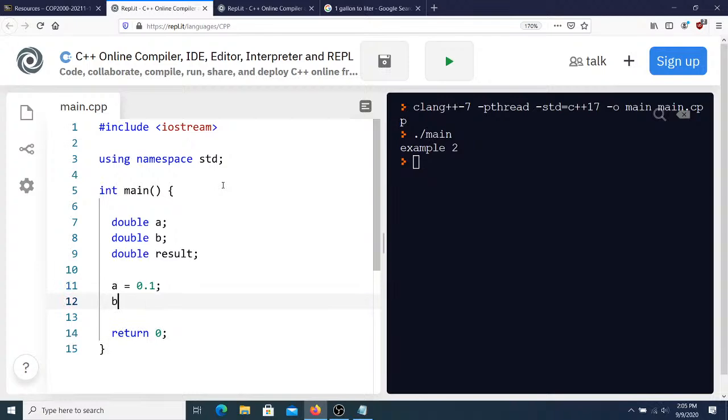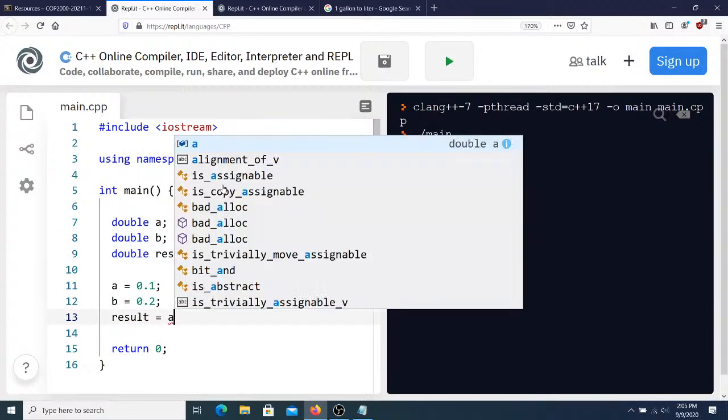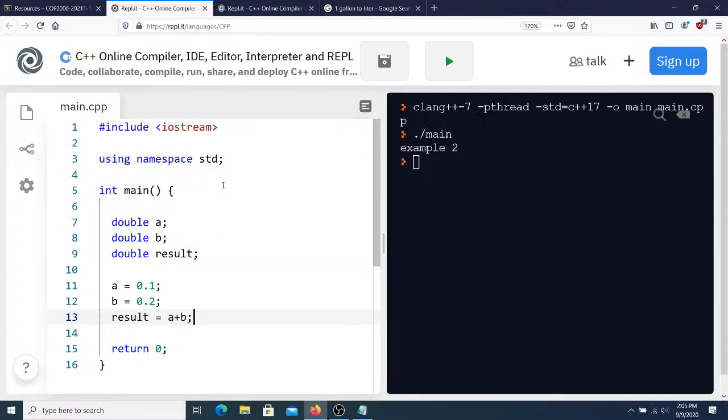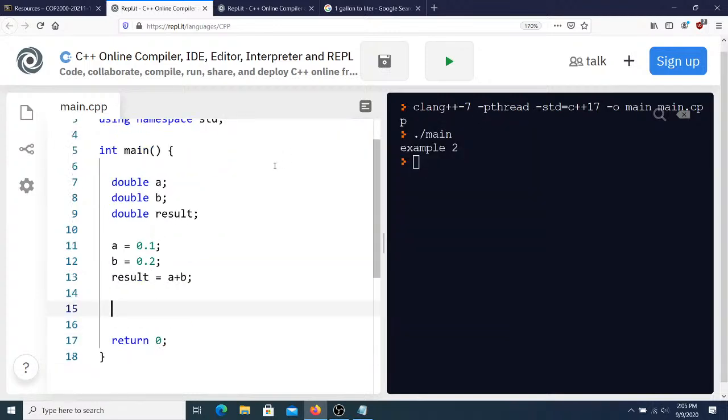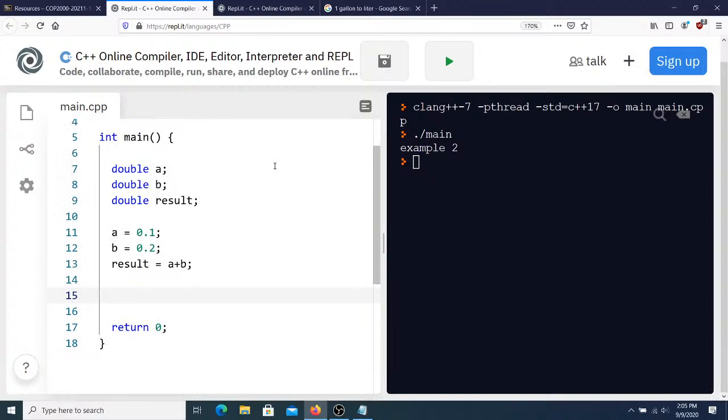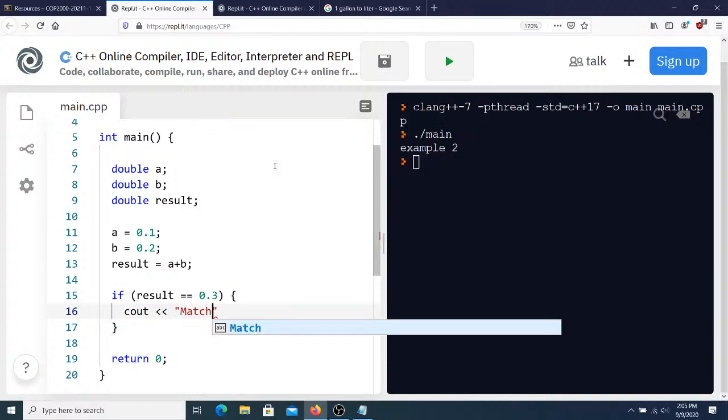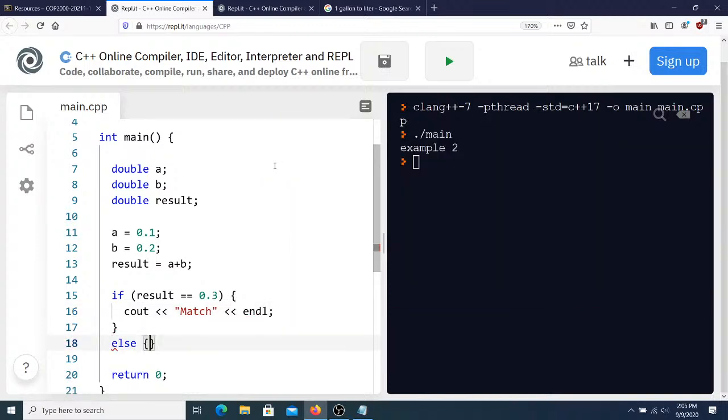So we'll say A is 0.1, B is 0.2, and the result is A plus B. Then we say, okay, well, if result is equal to 0.3, cout match. So don't run this in Sheet, but let's talk about this.